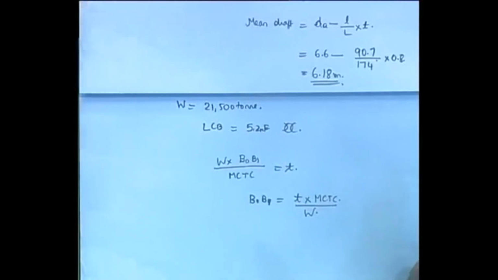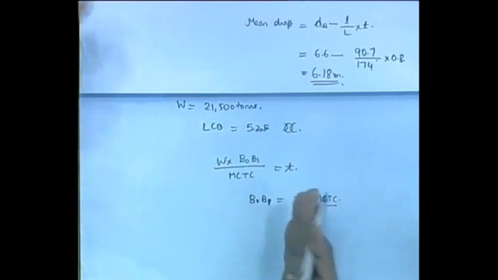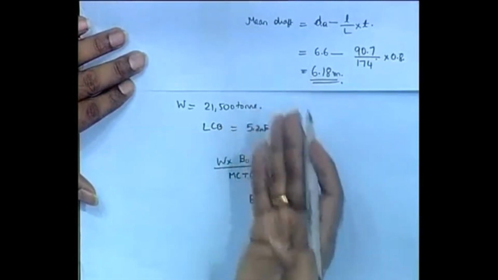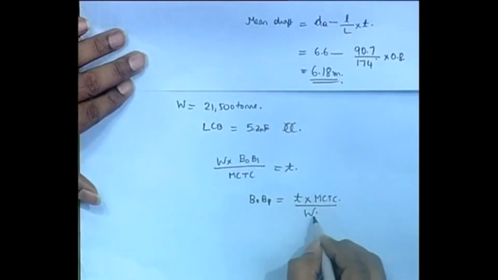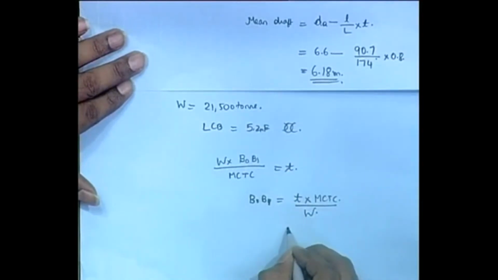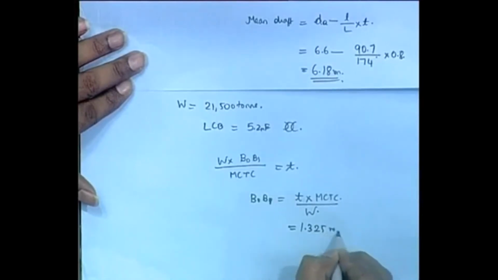We just have a ship in some trimmed condition, with some initial draft aft and draft forward. You are just asked to find its longitudinal center of gravity, provided you are given hydrostatic data like LCB, LCF, etc. So B0B1 is equal to trim into MCTC by W, and all these things we have. Therefore, this comes here, in meters.